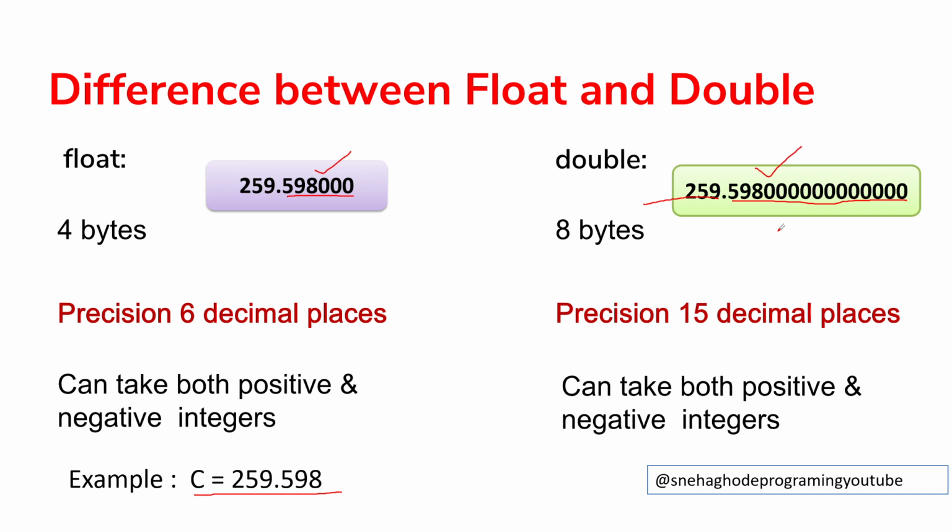So we need the exact answer. For calculating the exact answer, even one decimal point is going to matter. At that time we are going to use the double data type. If it is not going to matter, and you only need 2 or 3 decimals, then you can use the float data type. So it totally depends on the question how exact an answer you need. Hope this is clear for everyone.